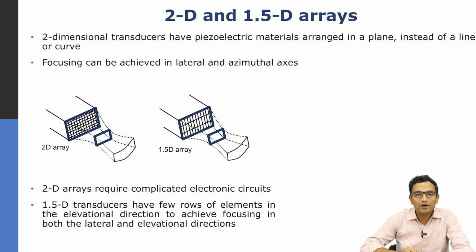But nonetheless these 1.5D arrays are used more frequently than 2D arrays, and this is a trade off between the ability to do focusing in both directions very well versus not being able to focus in the azimuth direction except for a fixed focus with a lens.